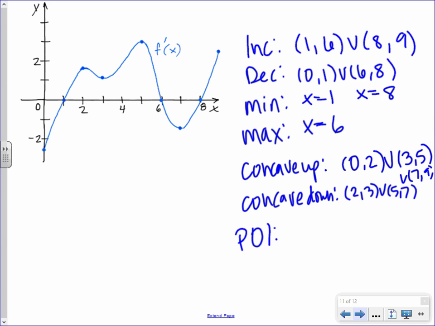So since our derivative is changing from increasing to decreasing, we have a point of inflection at x equals 2, x equals 3, x equals 5, and x equals 7. Yes, exactly.